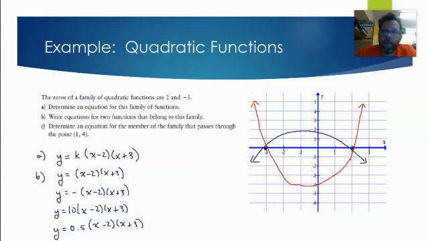But in part C, we're going to pick out the specific family member that goes through the point (1, 4). So we go through the point (1, 4), and due to symmetry, it should also go through (-2, 4).